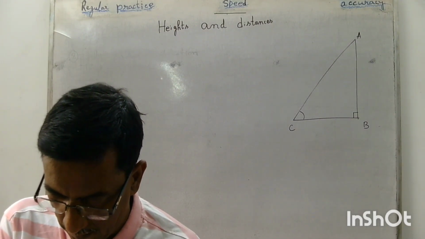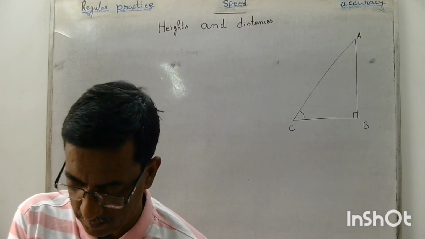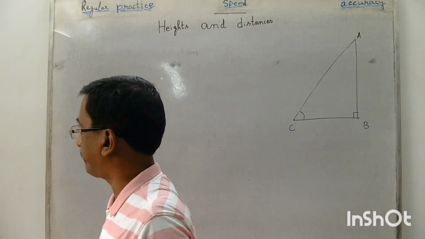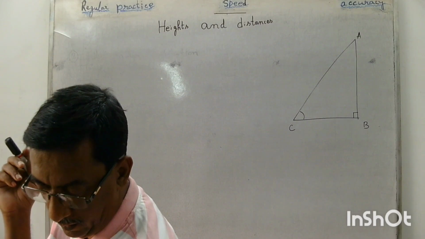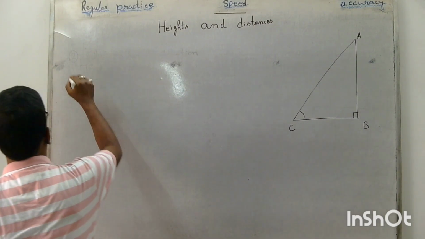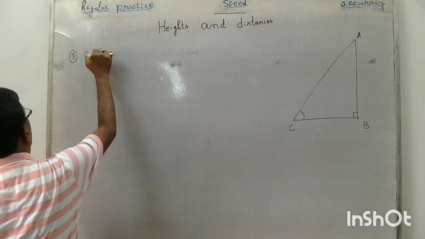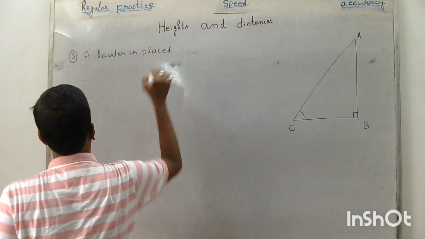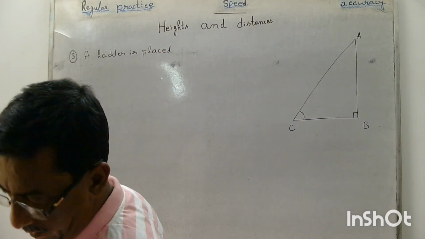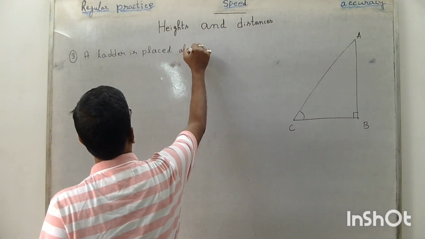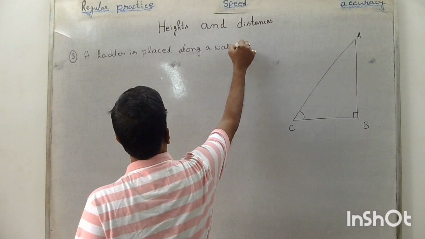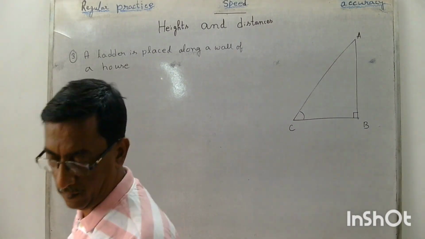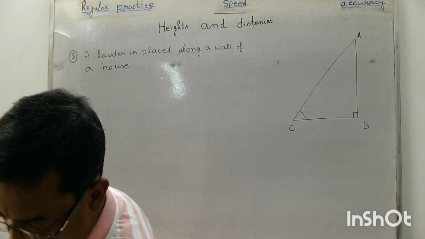Number 3. A ladder is placed along a wall of a house such that its upper end is touching the top of the wall.